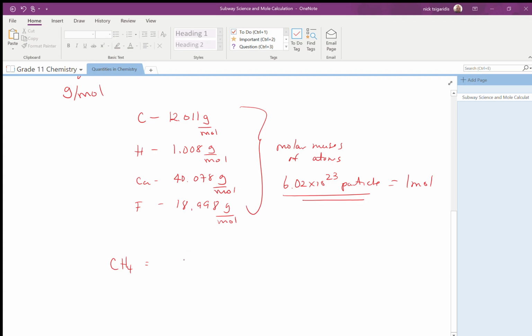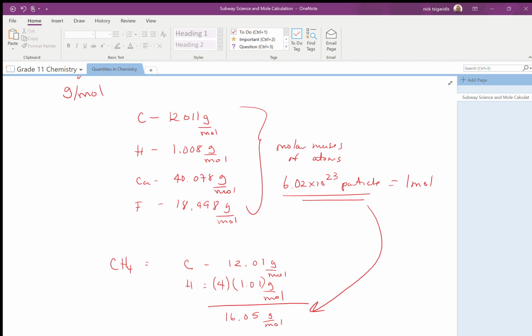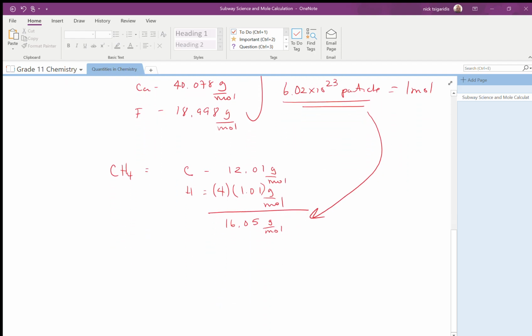I would have 1 carbon atom at 12.01 grams per mole, and I would have 4 atoms of hydrogen at 1.01 grams per mole for each one of those. If I sum these two values together, I end up with 16.05 grams per mole. So if I had this number of particles of methane and I put it on a scale, it would weigh 16.05 grams.